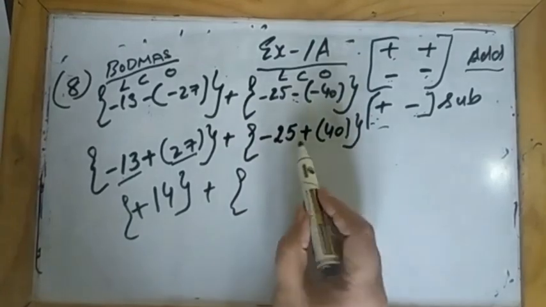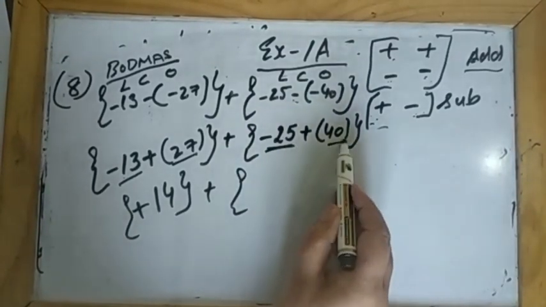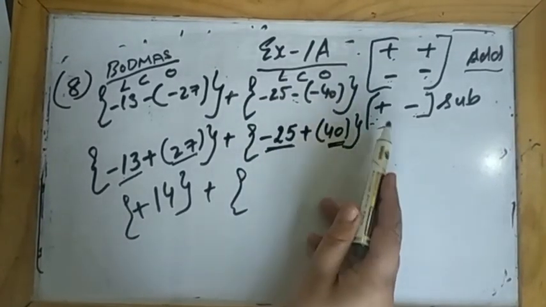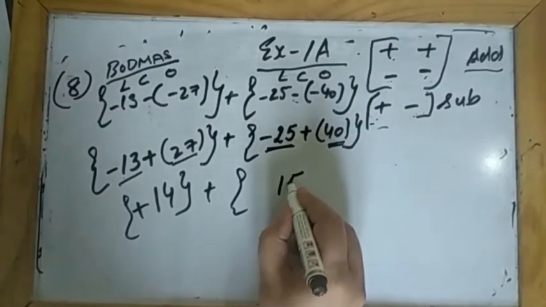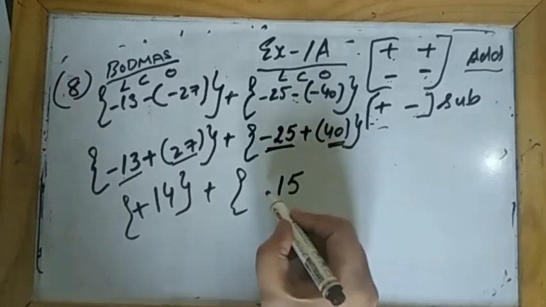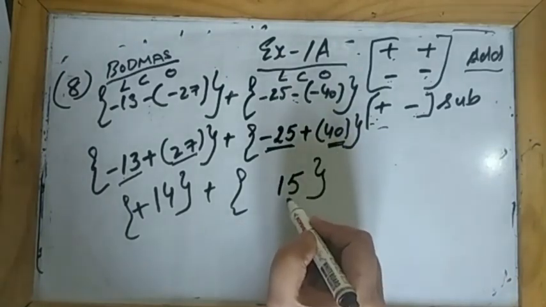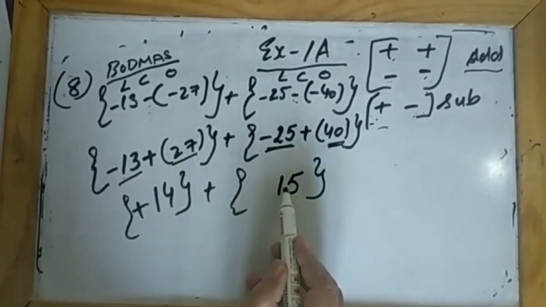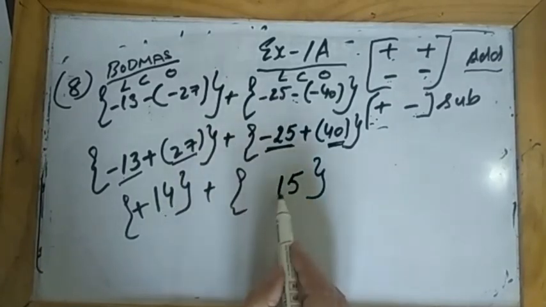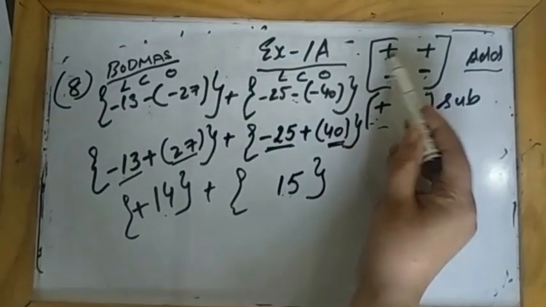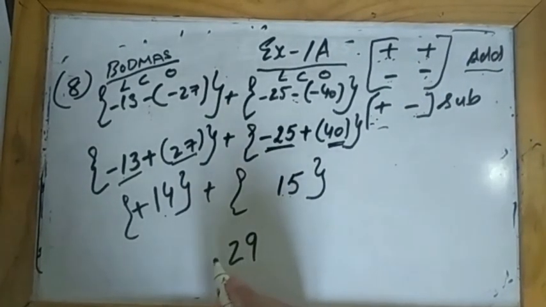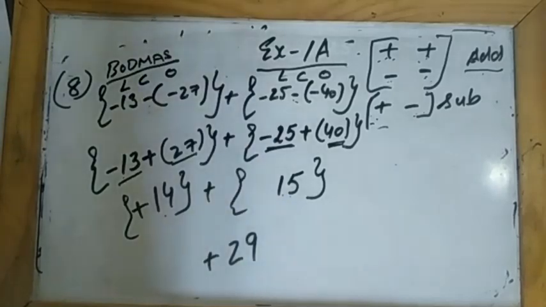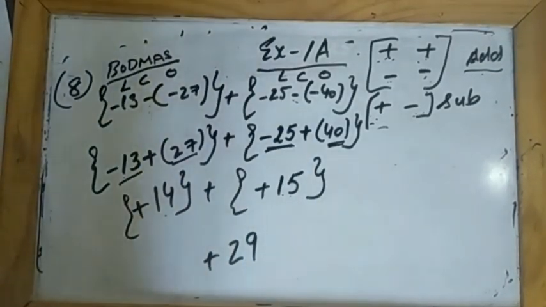Again one is negative and one is positive, so I subtract them, and the answer will be 15. Because the positive number is bigger, my answer will be positive. Now I have to add, and both the numbers are positive, so I add them, and the answer will be positive.